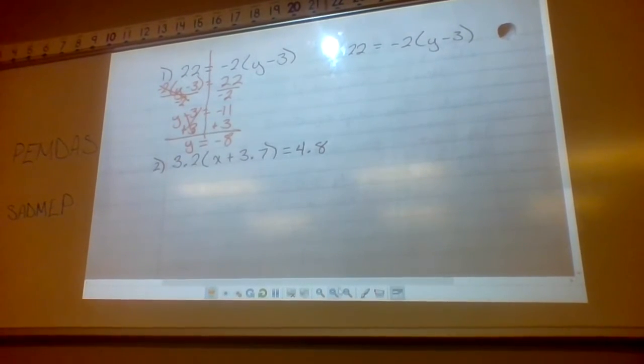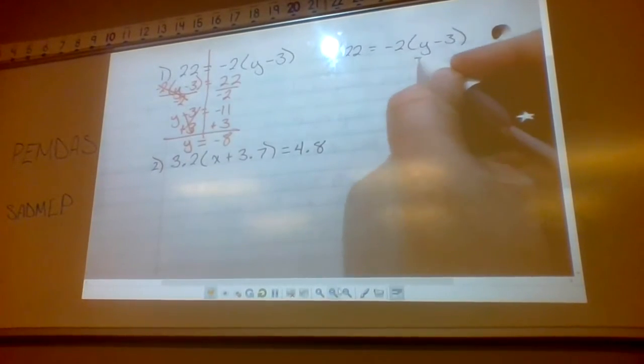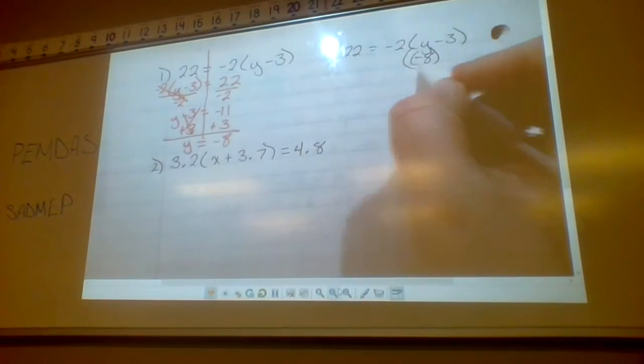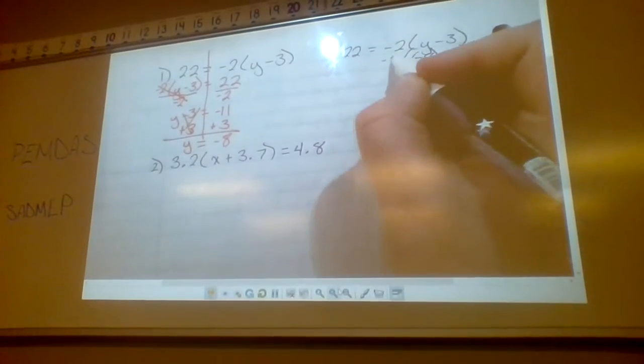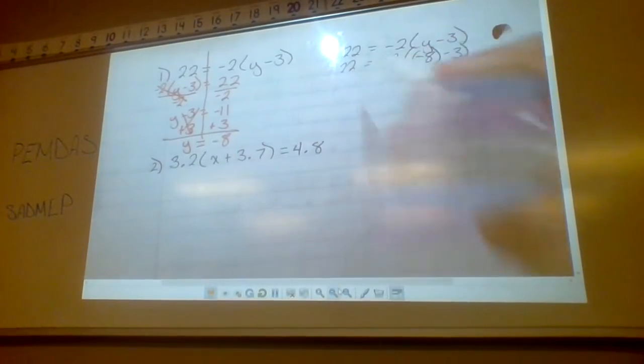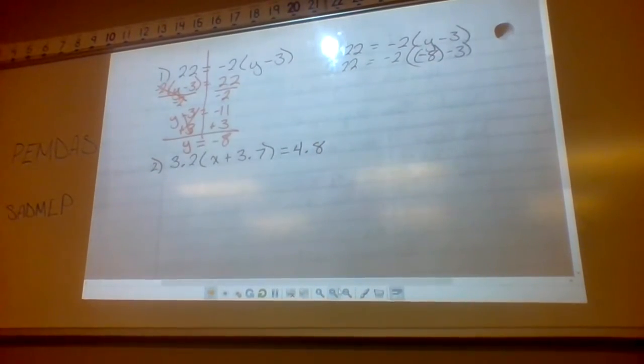Do you have the same answer as us now? I still got 22. I have to come check because that means something else went on. What does y change to? Negative 8. Keep everything else. Which ones do we solve first? Parentheses.